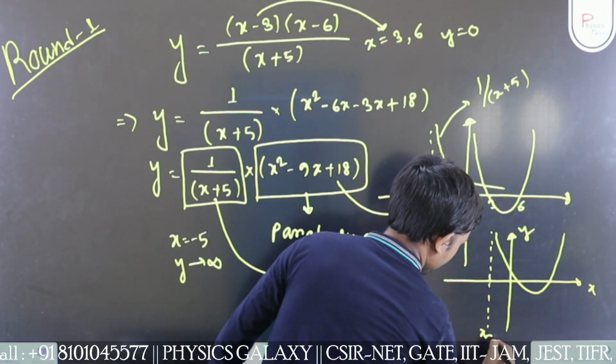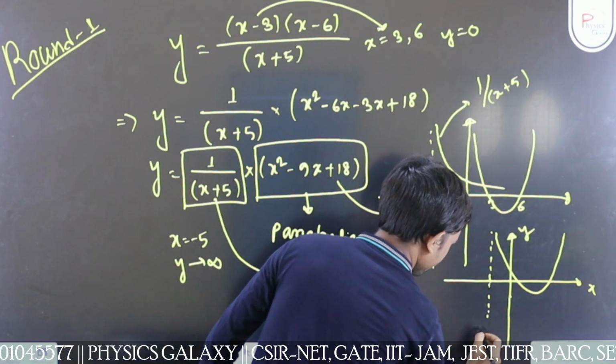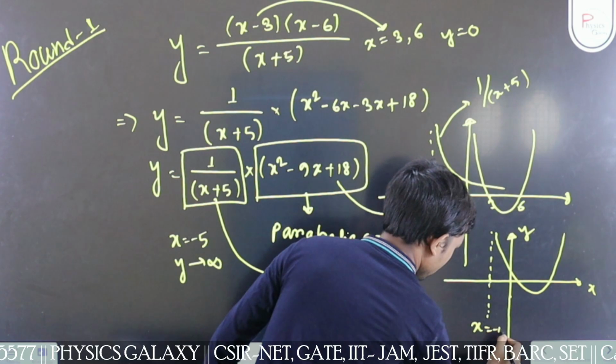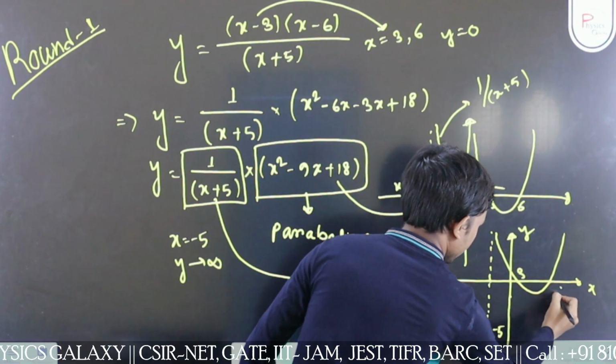It is x equal to -5, and this point is 3, and it is 6.